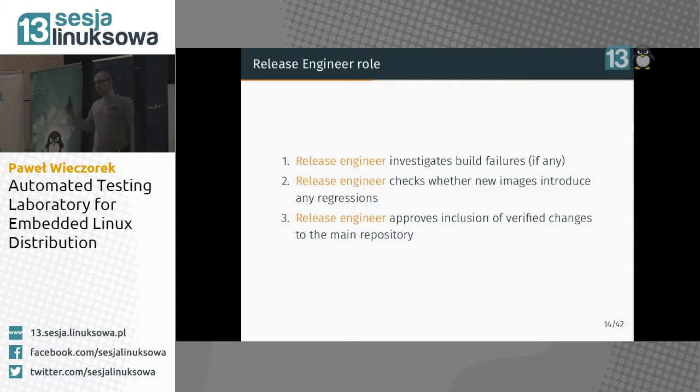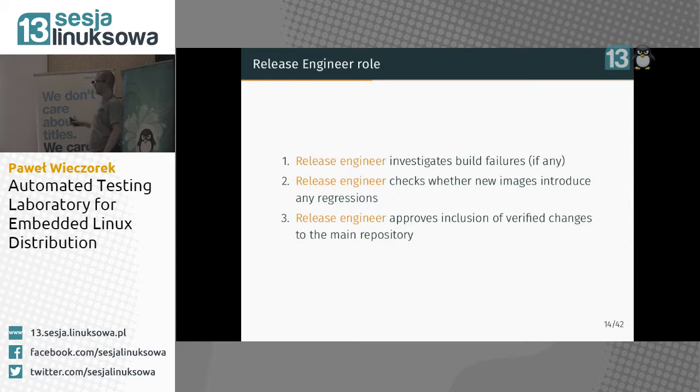A release engineer investigates any build failures if such an event occurs. If there are no build failures and there are new images to check, then those images are tested whether they introduce any regressions compared to older ones. Once there are no build failures and no regressions, we may safely approve inclusion of changes that were requested by us.